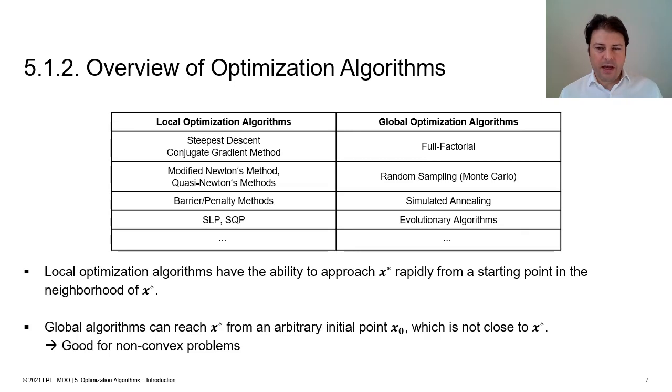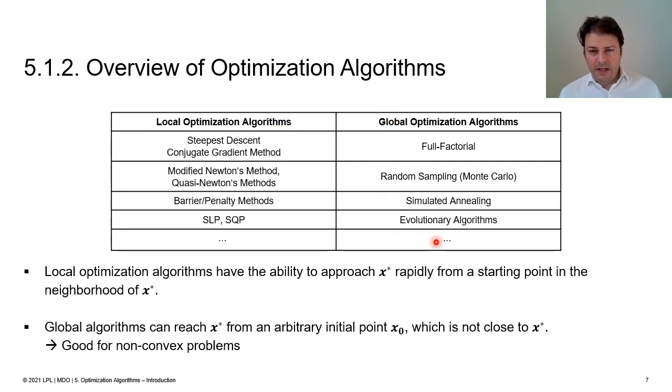Another way to categorize algorithms is to distinguish them by the kind of optimum they're looking for. Gradient-based methods look for local optima, and they're very good at it. They're very fast. But unfortunately, once they found their local optimum, they are done.